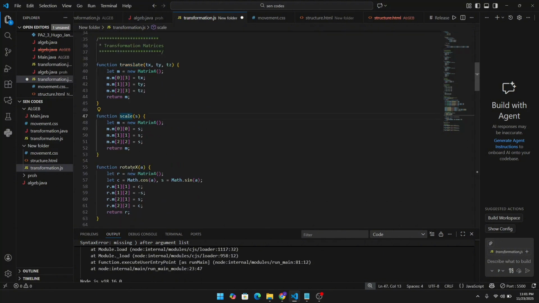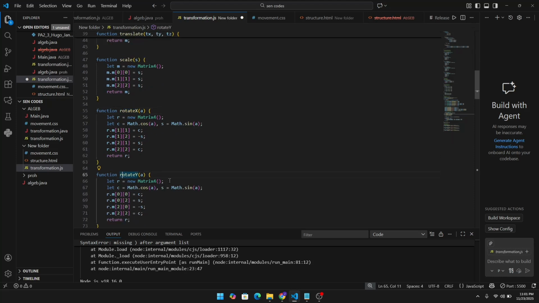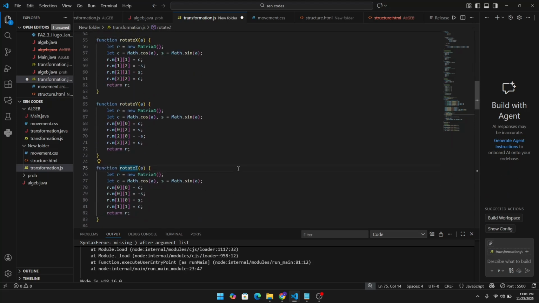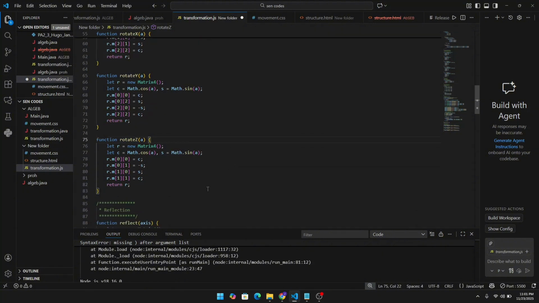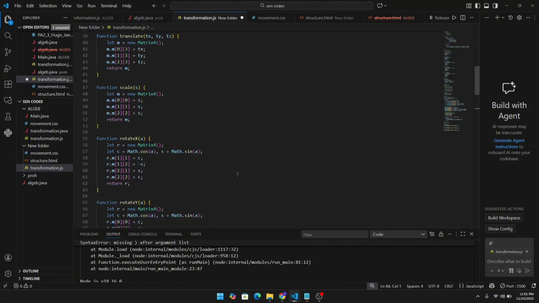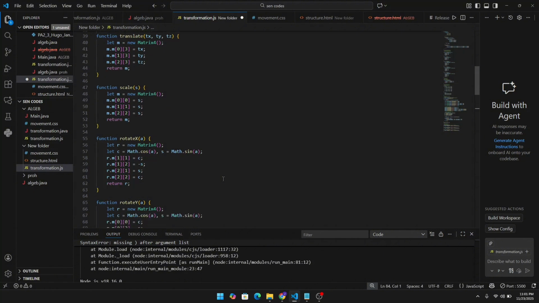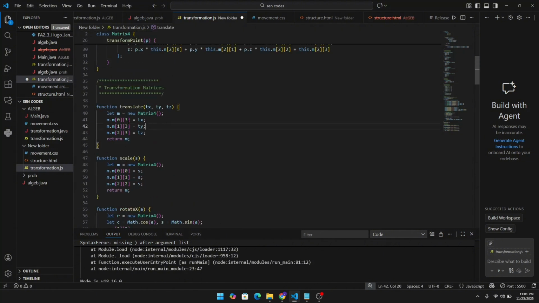And this is for reflection. Each function returns a 4x4 matrix based on a formula I showed earlier, just like the last time I showed you in the notepad.